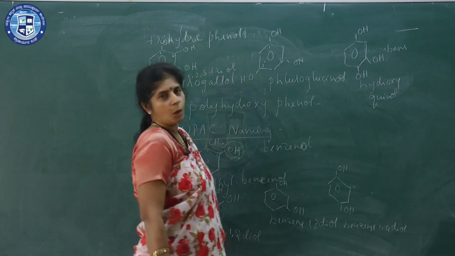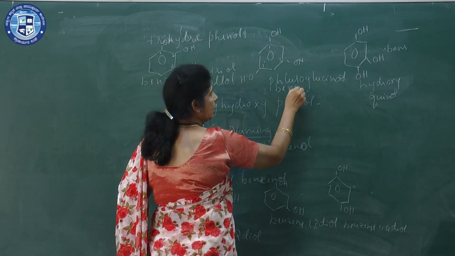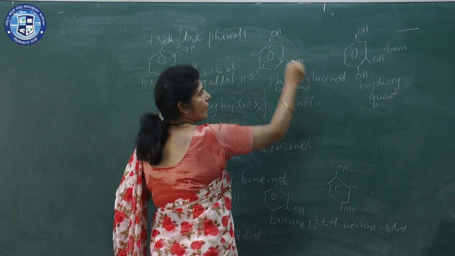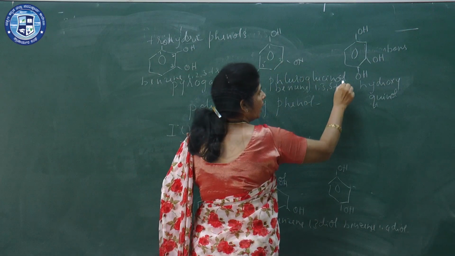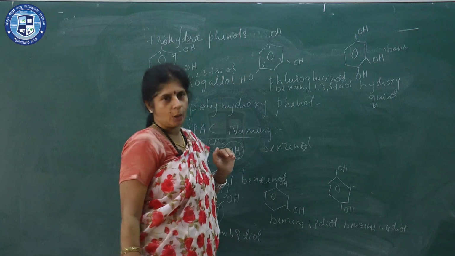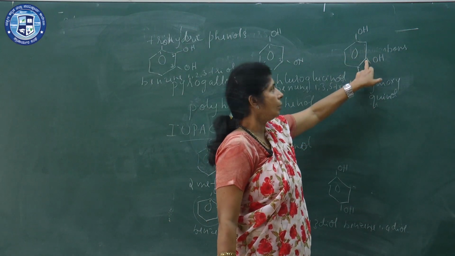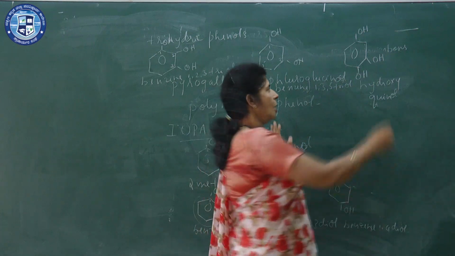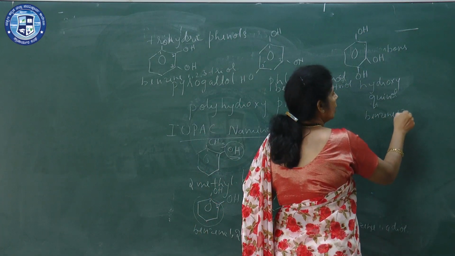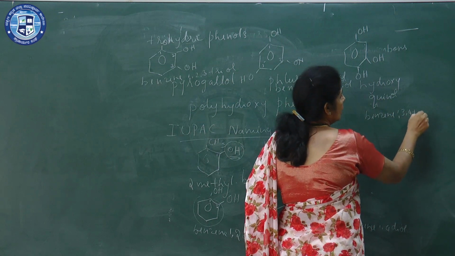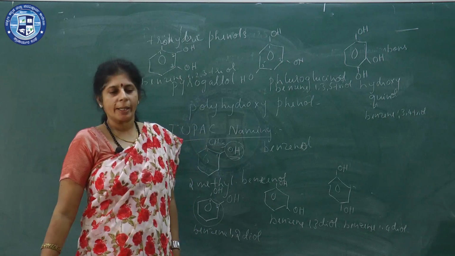Similarly, in phloroglucinol, the main aromatic ring is benzene, the positions are 1, 3, 5, there are 3 OH, tri, and the suffix is 'ol', triol. Last one, hydroxyquinol, 1, 3 and 4, so the name becomes benzene-1,3,4-triol.